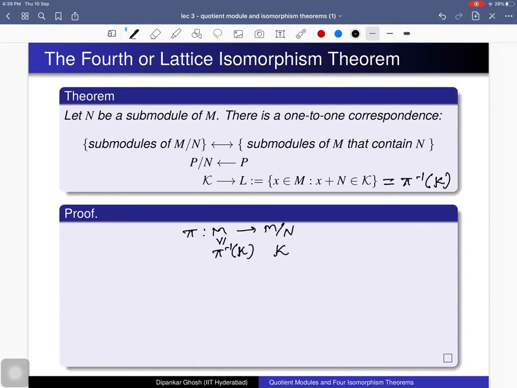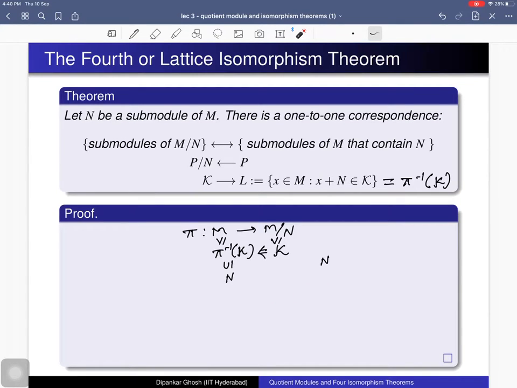So this pi inverse of K is a submodule of M, and one can also verify that this submodule contains N. Why? Because if you pick anything x from N, then pi of x is just 0, and this is always there in K. So the inverse image of K contains N in that way.